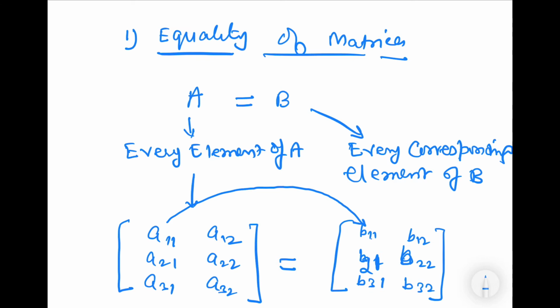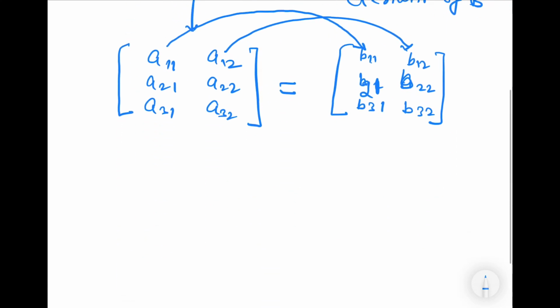A11 is equal to B11, A12 is equal to B12, and so on. This means that A11 is equal to B11 and A12 is equal to B12 and A21 is equal to B21. Corresponding elements means at the same row and at the same column.